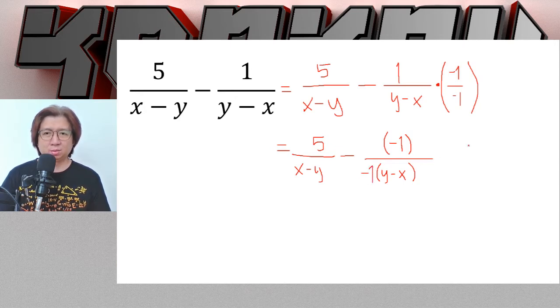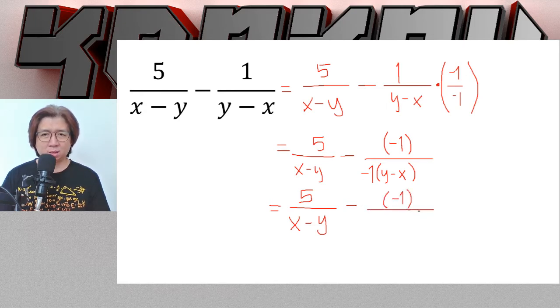Then it will become the same denominator, x minus y. Negative 1 times y is negative y, and negative 1 times negative x is positive x. So it will become x minus y.